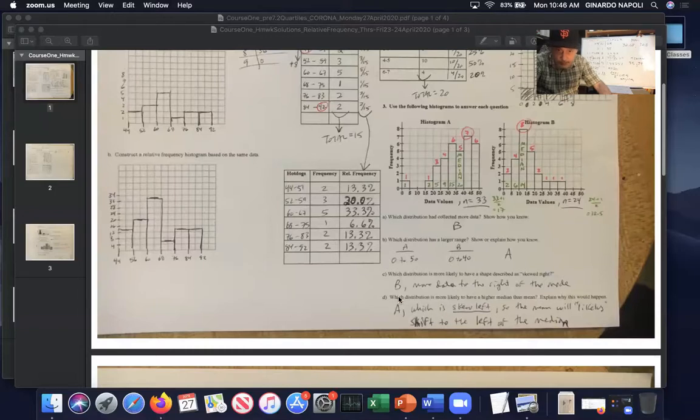So the reason why, in part D, I picked A to have a higher median is because the mean is going to shift in the direction of the skew. Left skew, the mean is going to shift to the left. Right skew, the mean is going to shift to the right.